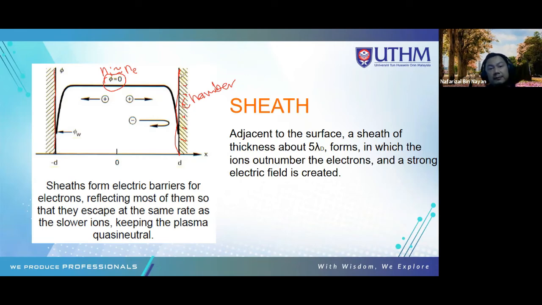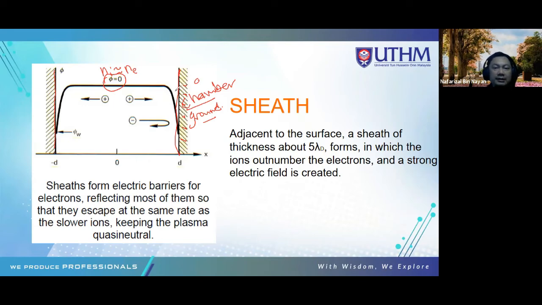At the border, this chamber is grounded, right? We connect it to the ground. Because it is grounded, the electrons prefer to go there to the ground. That's how the electricity completes its circuit inside this plasma.